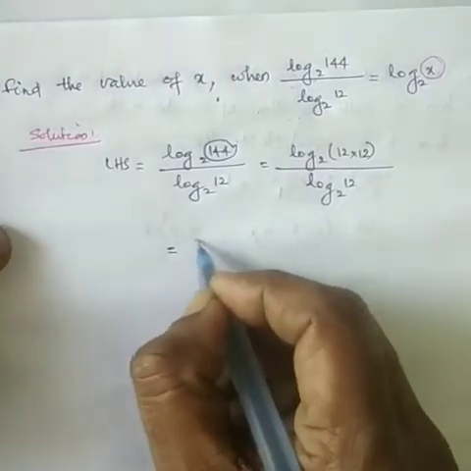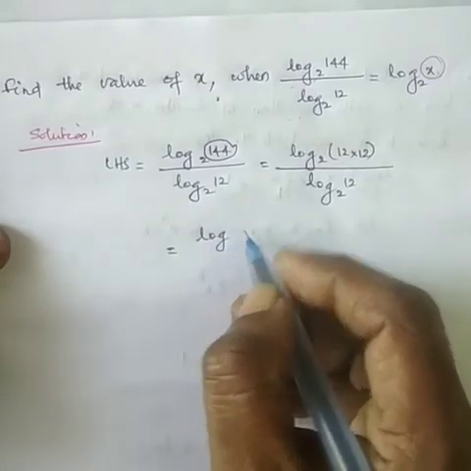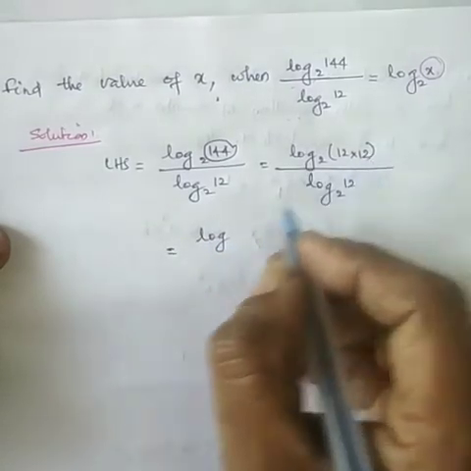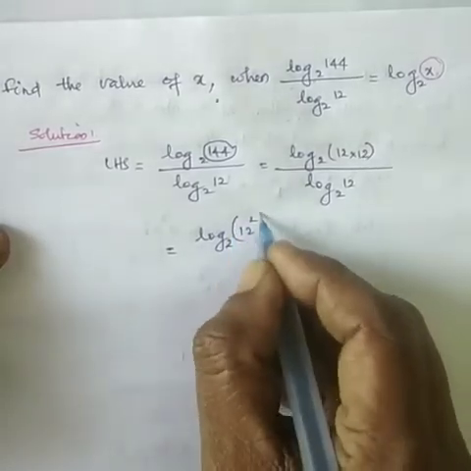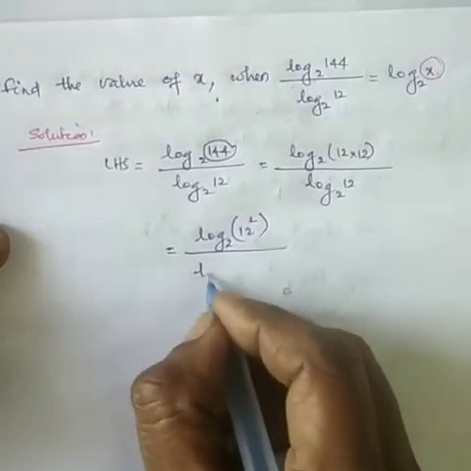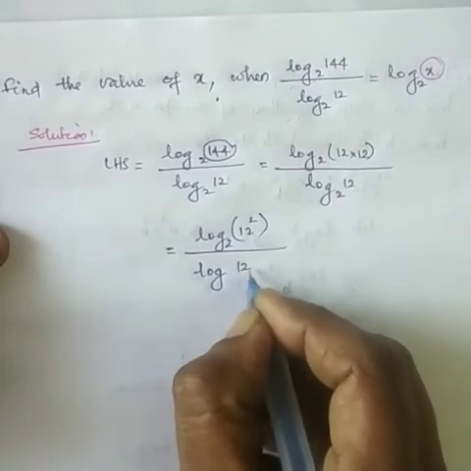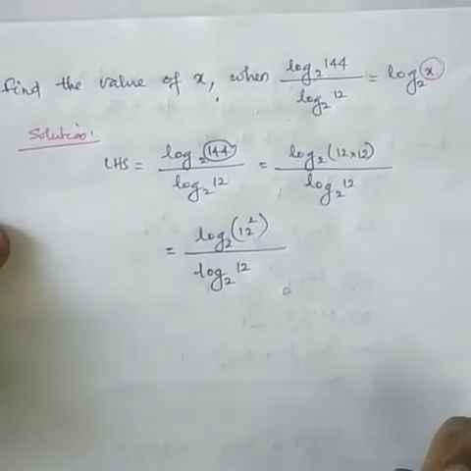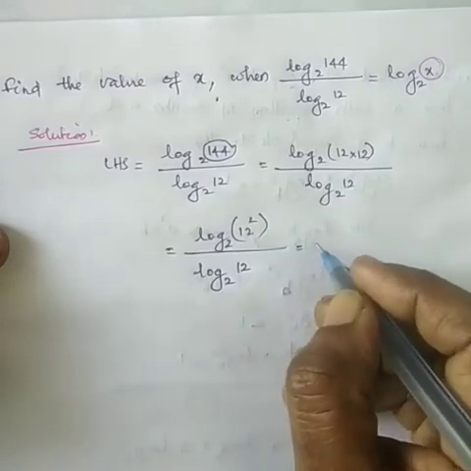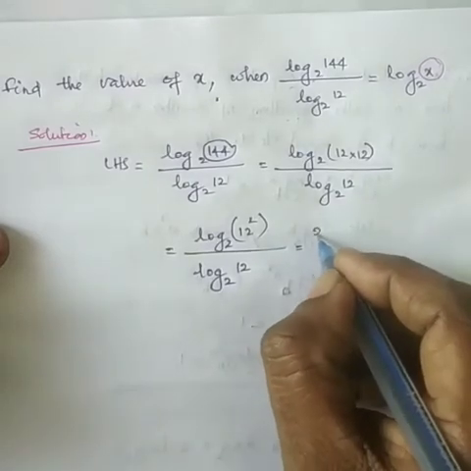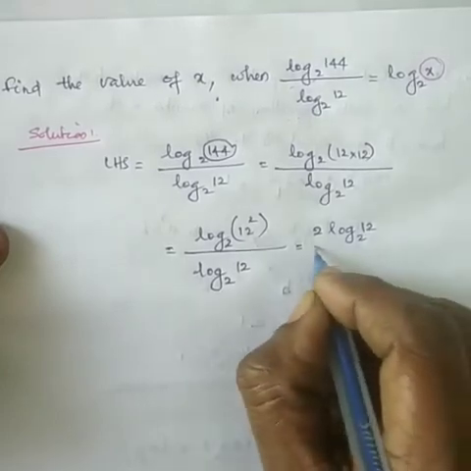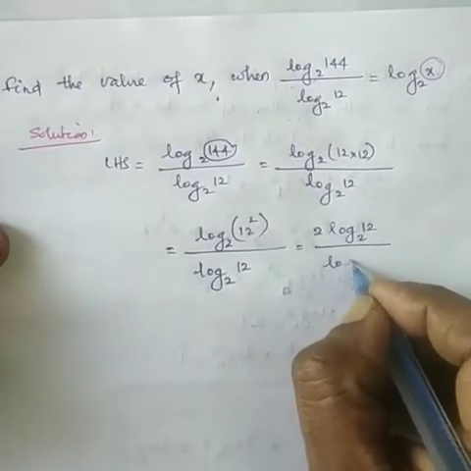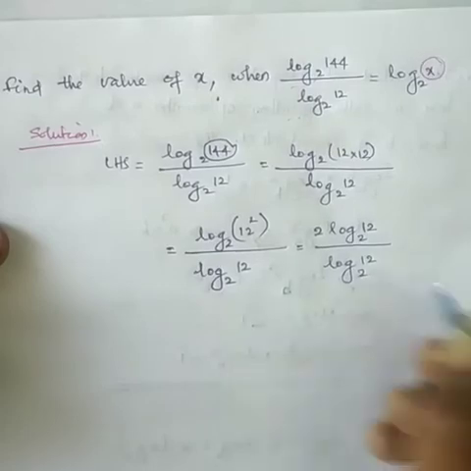And this is again equal to log of 12 into 12, which is 12 square, to the base 2, divided by log 12 to the base 2. And this is equal to 2 log 12 to the base 2 divided by log 12 to the base 2.